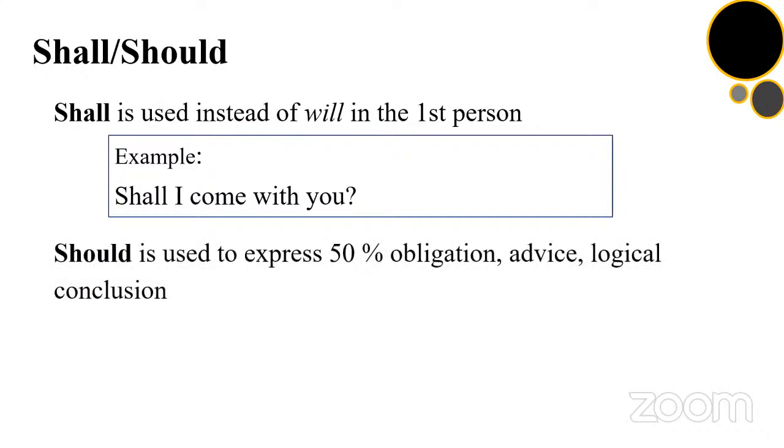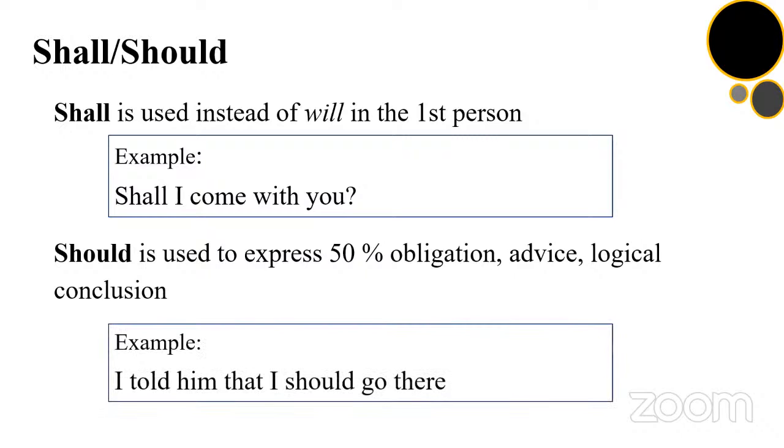So should is used to express obligation, advice, or logical conclusion. It is not a compulsion actually. What is meant by obligation? When you want to convey that you want to do something, like shall I do this, should I do this?